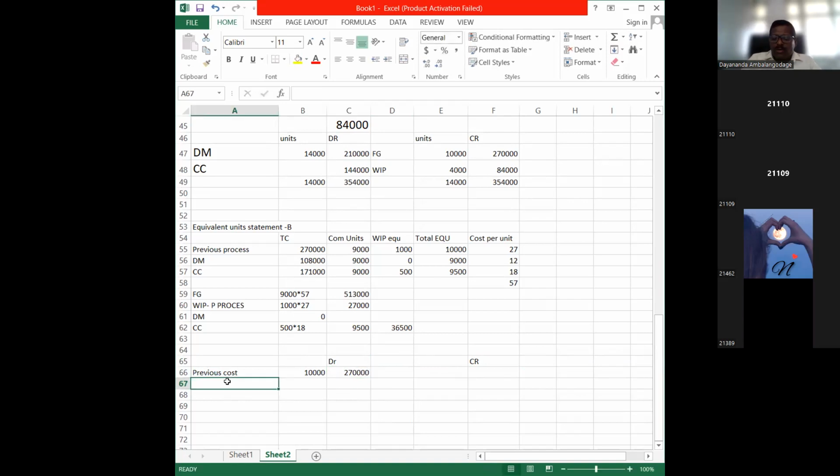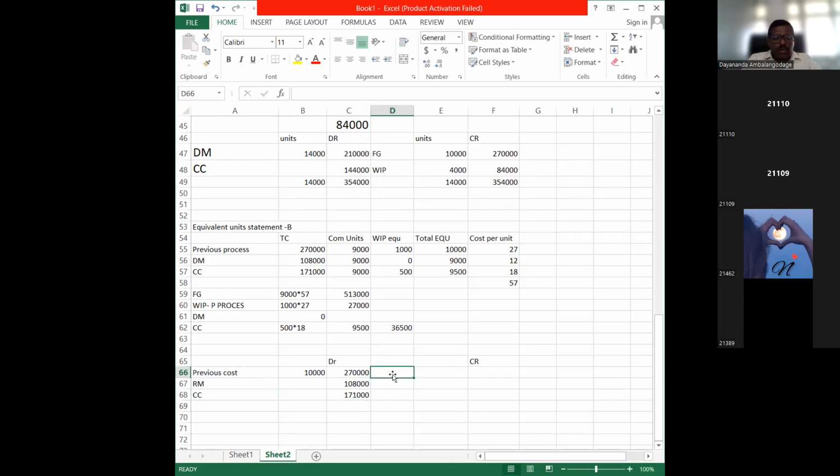Then you have the raw material. As per the question, raw material introduced is 108. And conversion cost, as per the question, is 171.